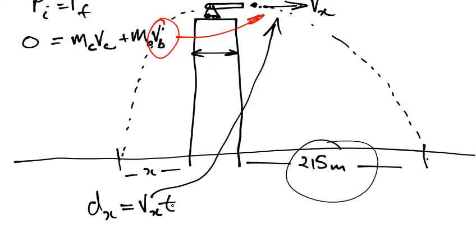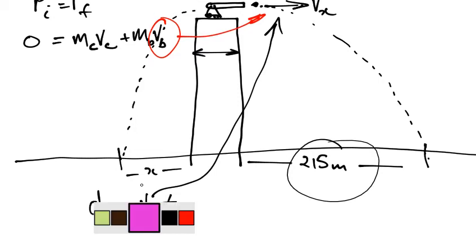The problem is now, although we have the horizontal distance, we don't have the time. But let's see if we can solve for this horizontal velocity in terms of time.